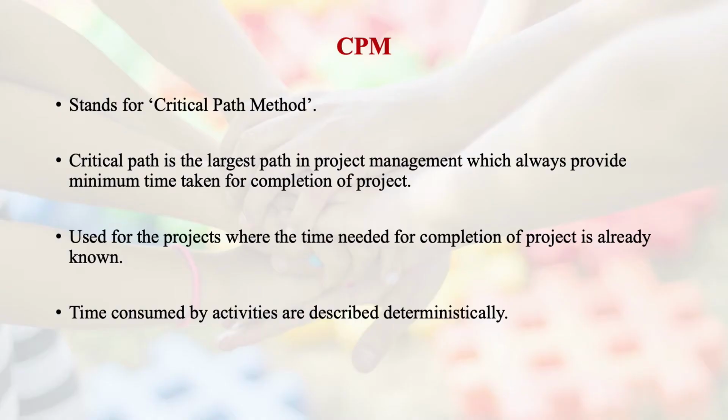If you have the time of activities available to you, then CPM is definitely a part of it. But these days, both CPM and PERT are used in a single network diagram. Time consumed by activities is described deterministically as far as CPM is concerned.